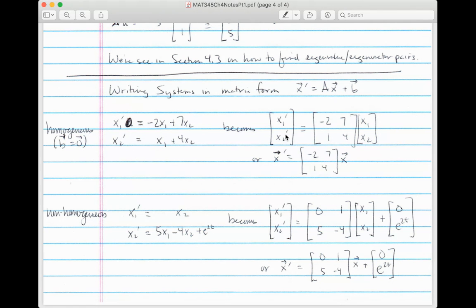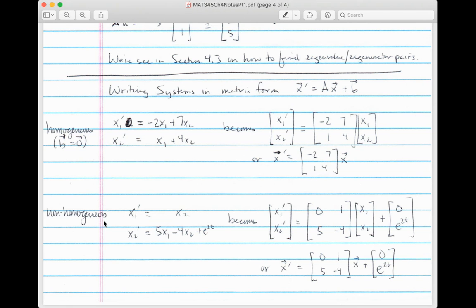Notice I can write this in this form, where if I did this matrix multiplication, I would indeed get these two expressions here. And so if I call x the column vector x1, x2, then x prime is going to be the column vector x1 prime, x2 prime. I get the system x prime equals negative 2, 7, 1, 4, times x.